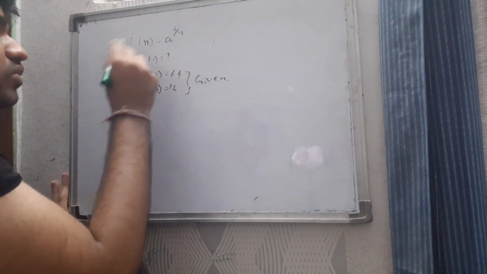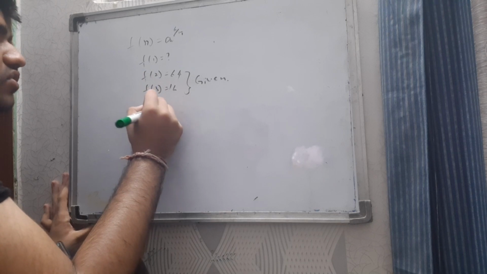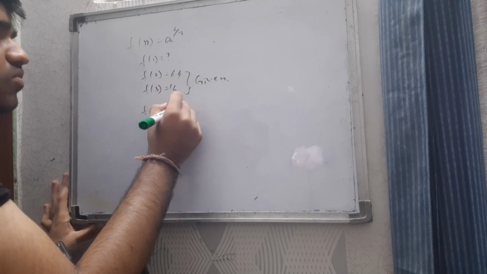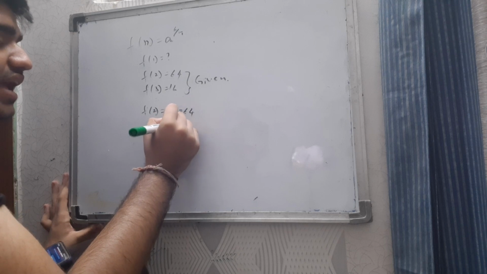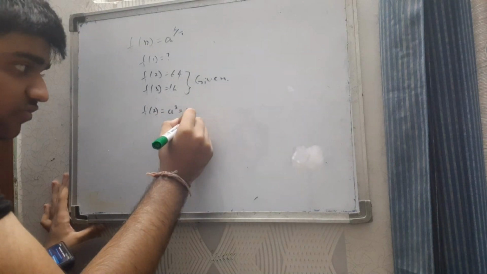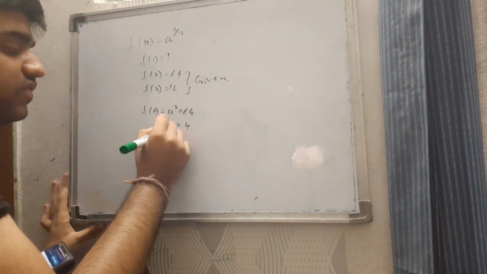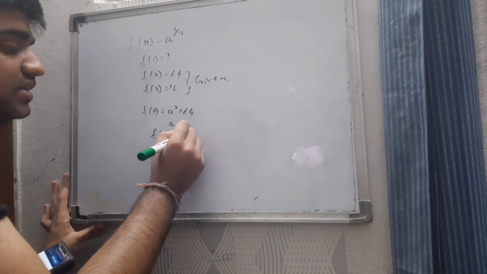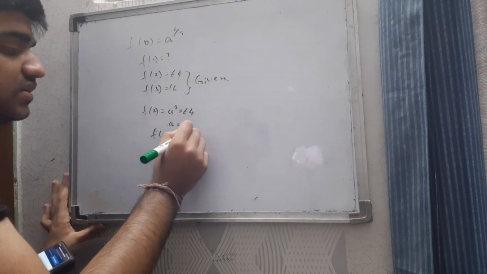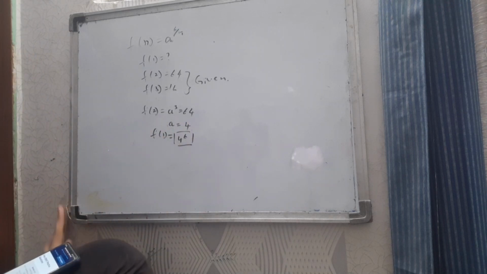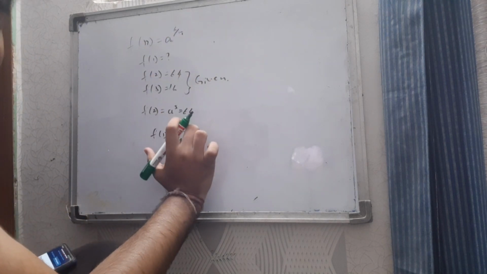So if we put 2 in this equation, we would get f of 2 as a cube as 64, and a would be equal to 4. So from this, f of 1 can be 4 to the power 6. Okay, we got f of 1. It's a big number, but we can still calculate this.